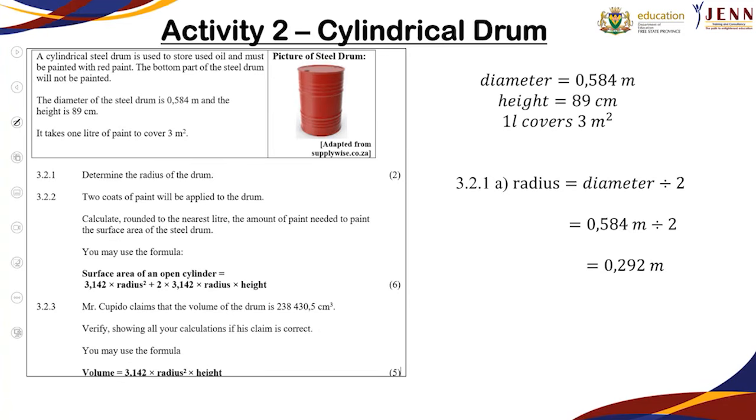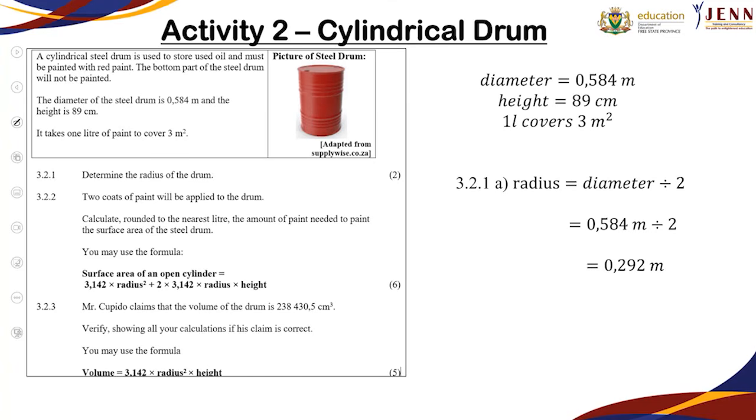Now, it is important, learners, that you must picture these things. If you are not picturing paper 2, you will be in trouble. So you have to imagine yourself seeing this drum there. So at least here, we are given the picture of the drum, what it looks like. Now, 3.2.1, it says, determine the radius of the drum.